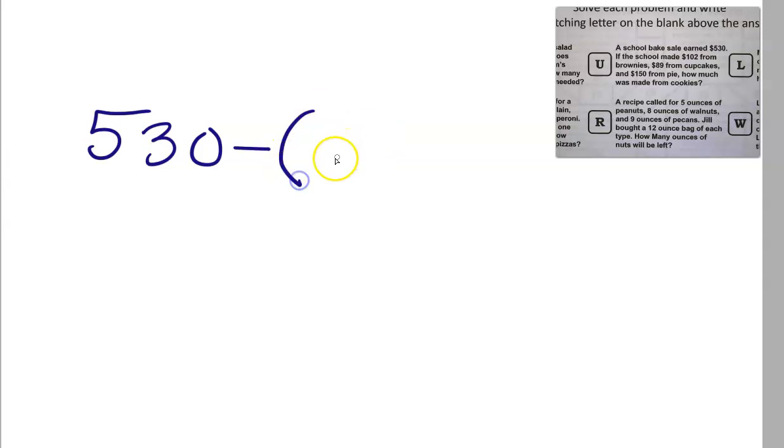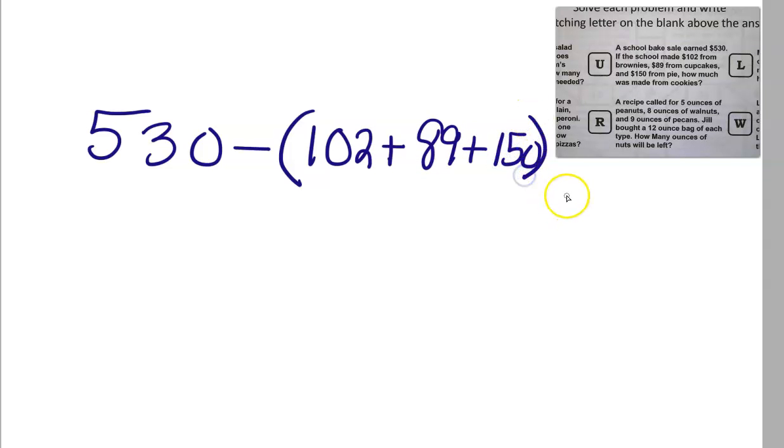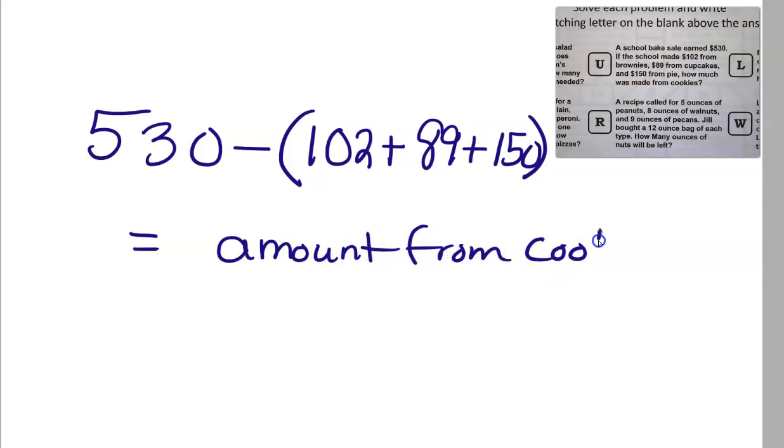So the first thing we need to do is find the total of the items that we do know, and then subtract that from 530. And that will give us the total amount made from the cookies. On to the next problem.